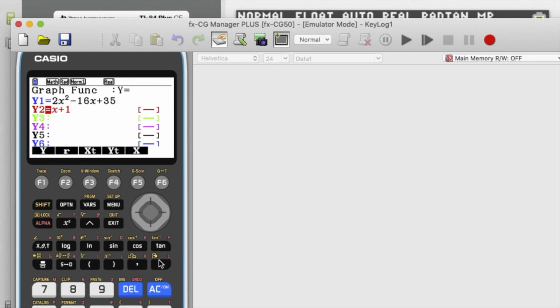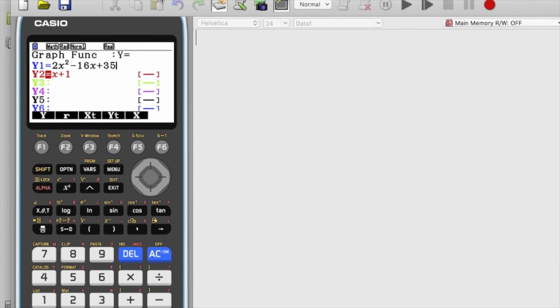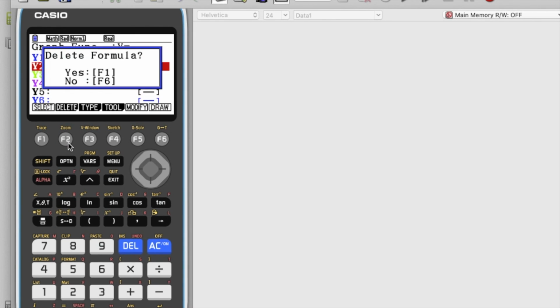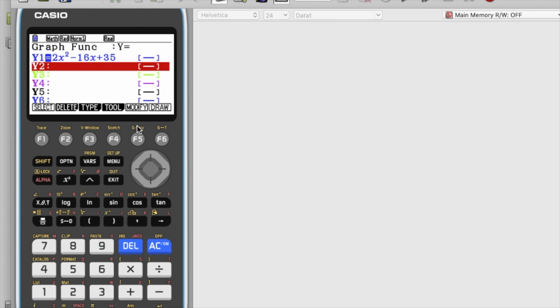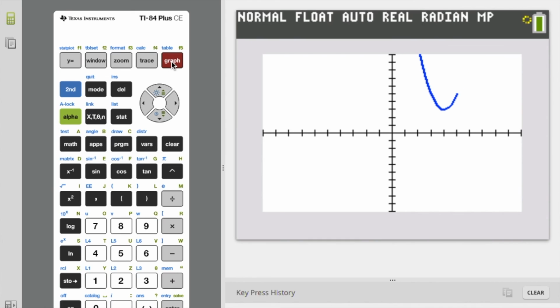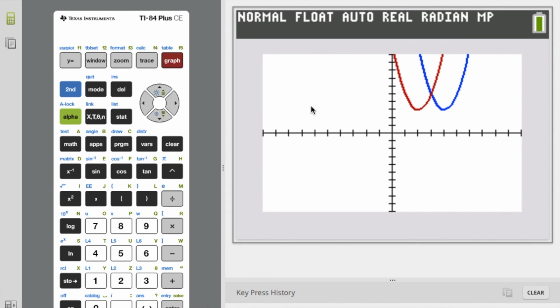And then this one was 2x squared minus 8x plus 11. Okay, so let's see what this guy looks like. There's one.